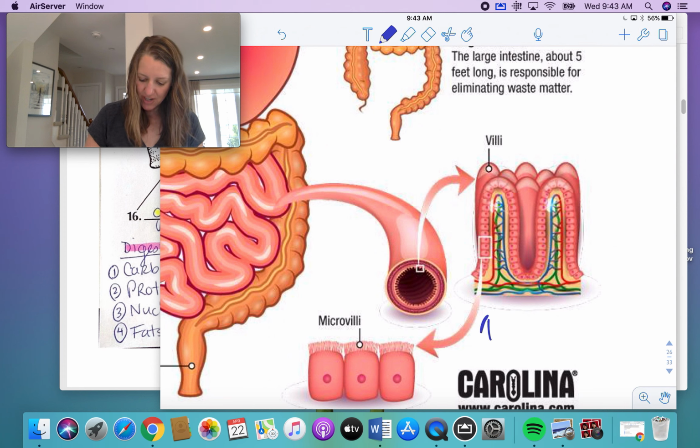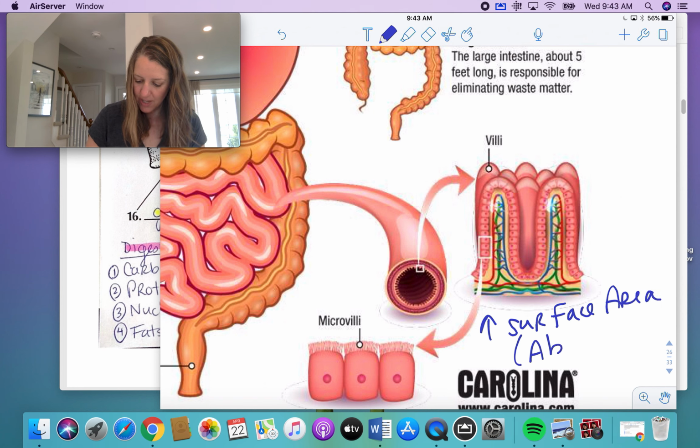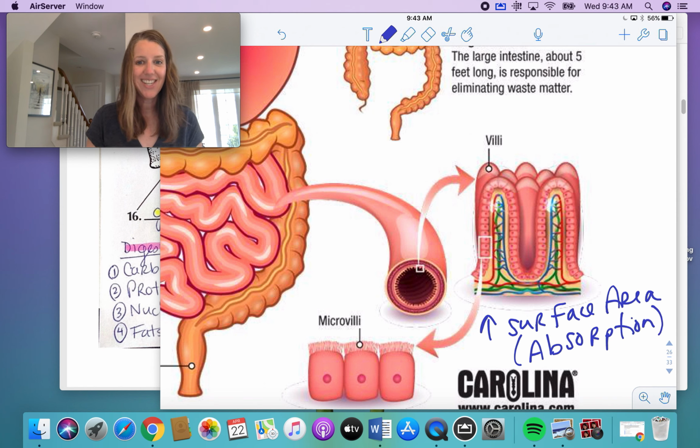So the function of these is to increase the surface area, because we know that this is where the absorption of nutrients takes place. So if you have a greater area for that nutrient to be absorbed, you're going to have maximum absorption.